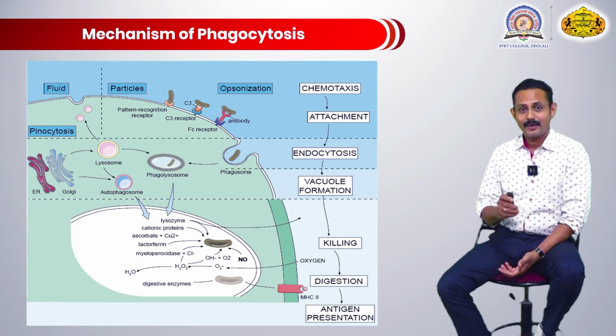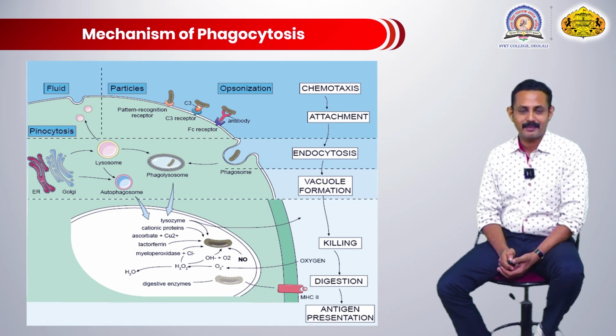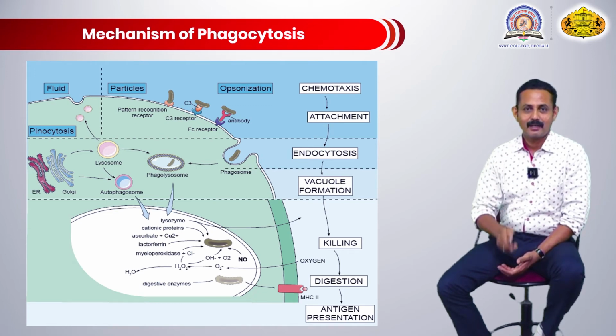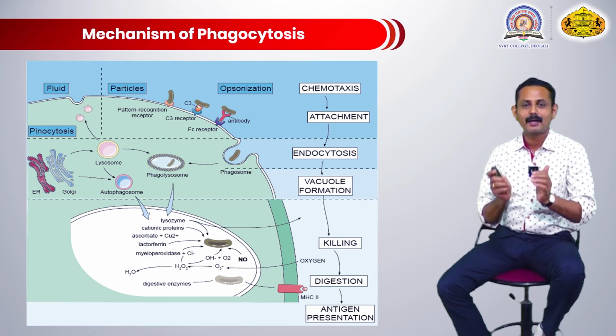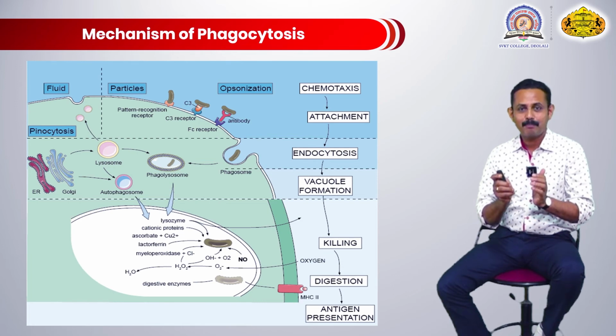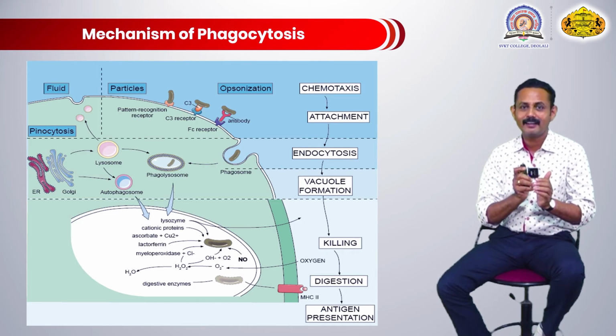Now, when the attachment takes place, the second step begins. The cytoplasmic membrane on which the antigen has been bound gets invaginated. It forms a pocket around that antigen, and that pocket acts as a trap that does not allow the antigen to escape. The antigen is now further internalized.